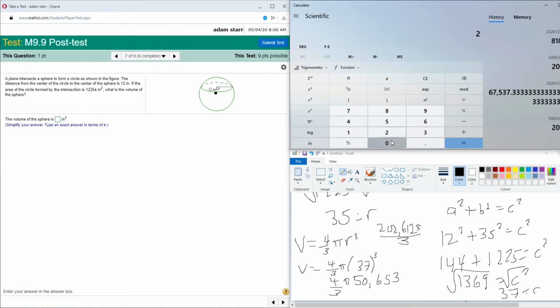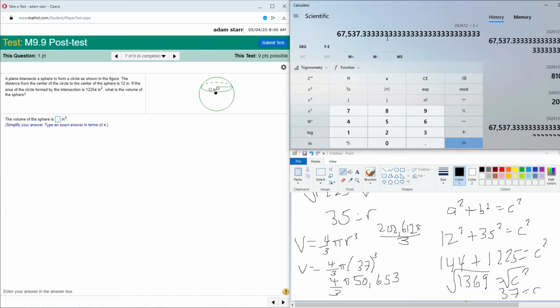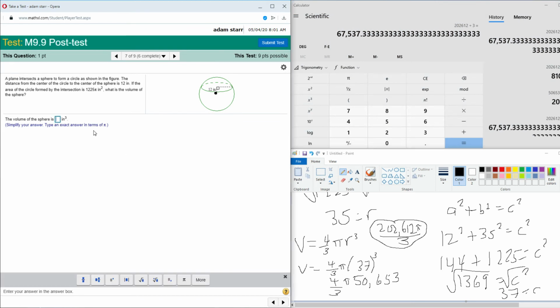Again, I'll write it, 202,612. If I divide it by 3, I get a decimal, which means we can't divide it by 3. So this is going to be the answer. I know it's a huge number. Don't forget the pi divided by 3. That one's a little bit trickier.